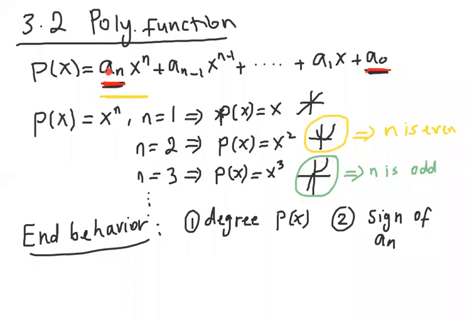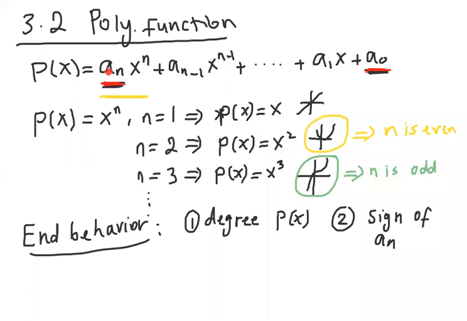I gave 4 cases for the end behavior: when p has odd degree and the leading coefficient is positive or negative, and when p has even degree like 2, 4, 6, 8, and the leading coefficient is positive or negative.